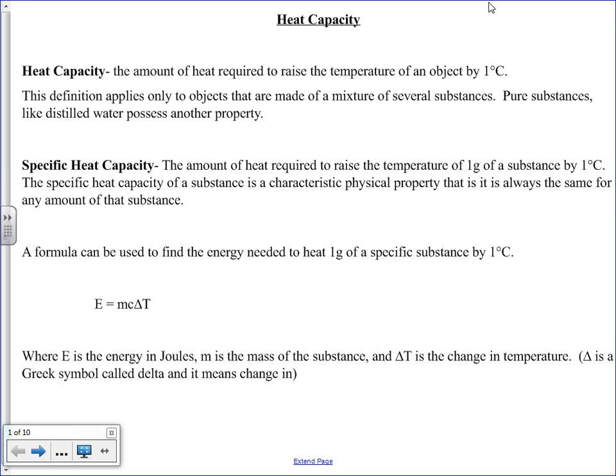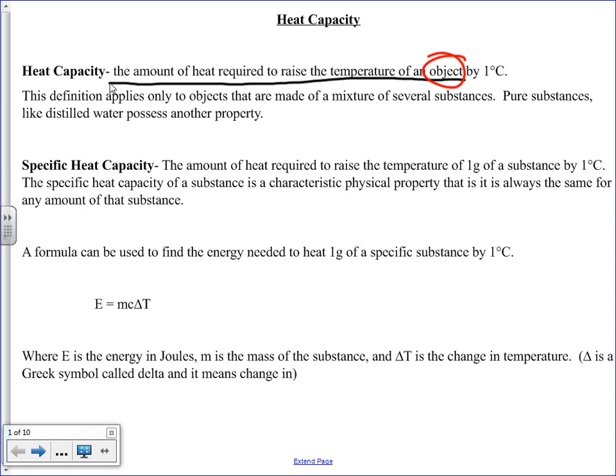All right. So heat capacity is the amount of heat required to raise the temperature of an object. Notice this heat capacity does not have the word specific in front of it. Heat capacity talks about an object. Is an object made of possibly many materials? Yeah. If we're talking about an object, we could be saying, let's say, your coat.